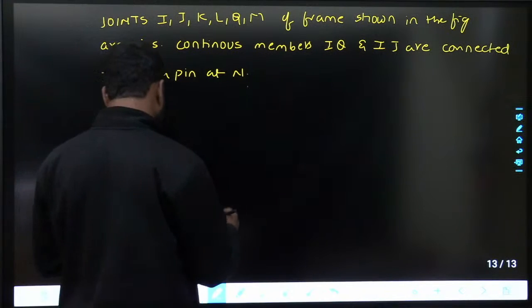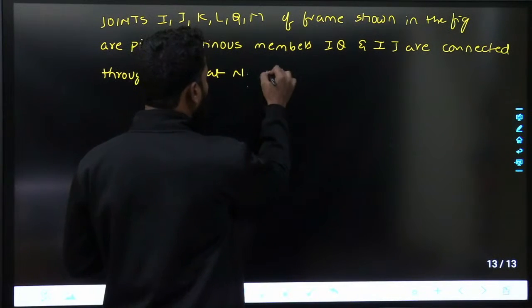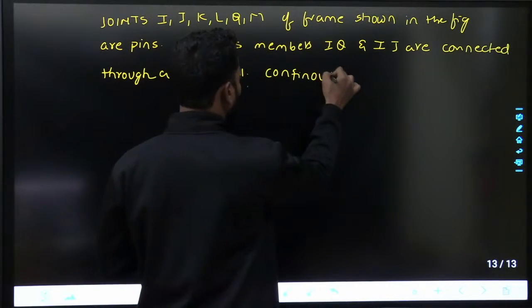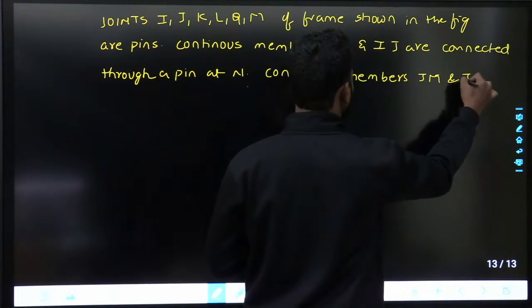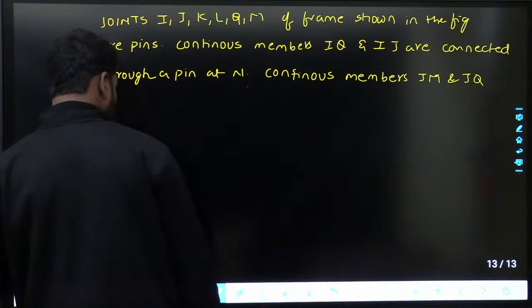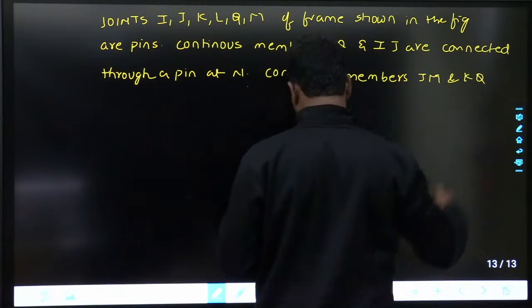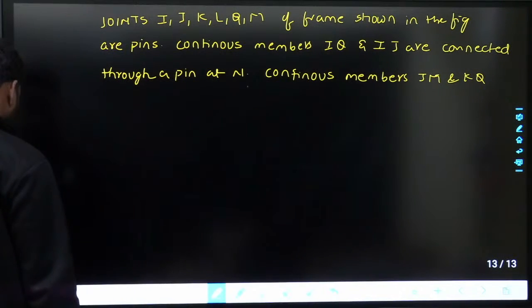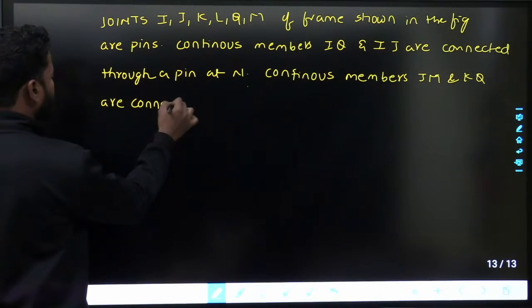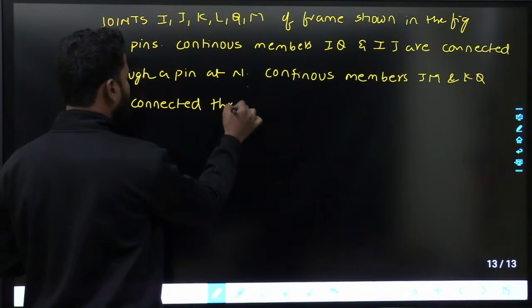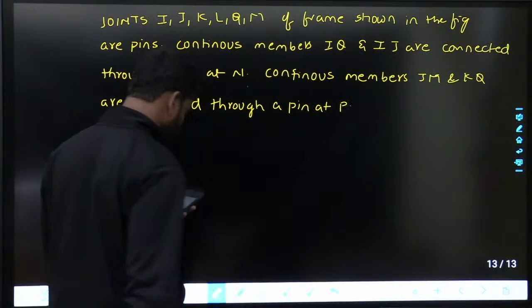Continuous members JM and KQ are connected through a pin at P. Fine.